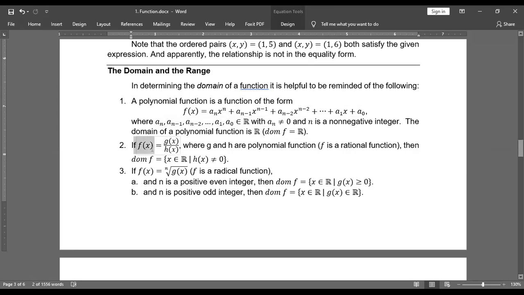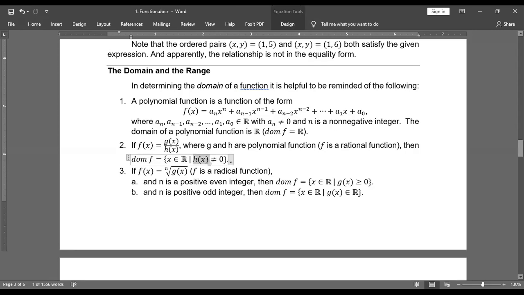And second, we have f of x is equivalent to g of x over h of x, where g and h are polynomial functions. This is specifically called the rational function or the fractional function. And its domain is said to be all set of x element of R such that h of x cannot be equal to 0.